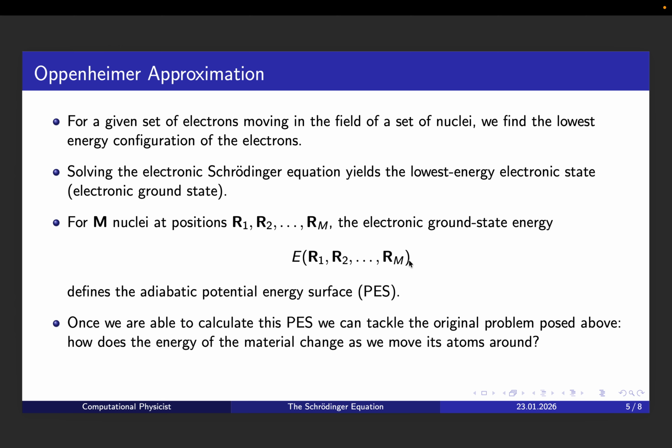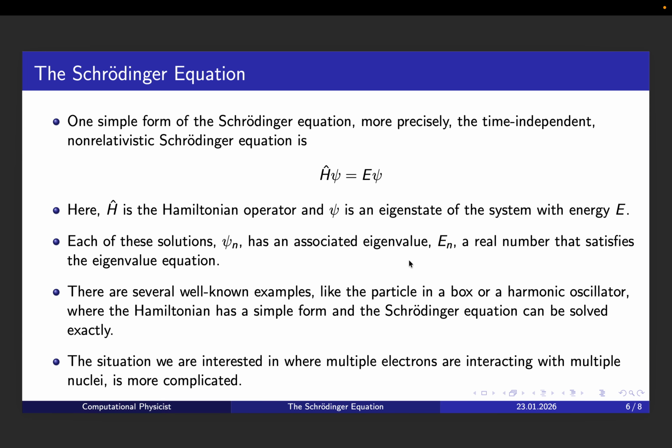To solve this potential energy problem, what we have is the Schrödinger equation. One simple form of the Schrödinger equation is the time independent non-relativistic Schrödinger equation, which we are all familiar with, and that can be represented as H psi equals E psi, where H cap is the Hamiltonian operator and psi is the set of solutions or eigenstates of the Hamiltonian.